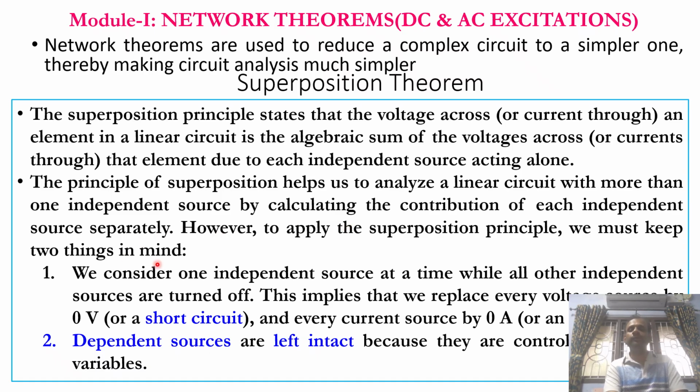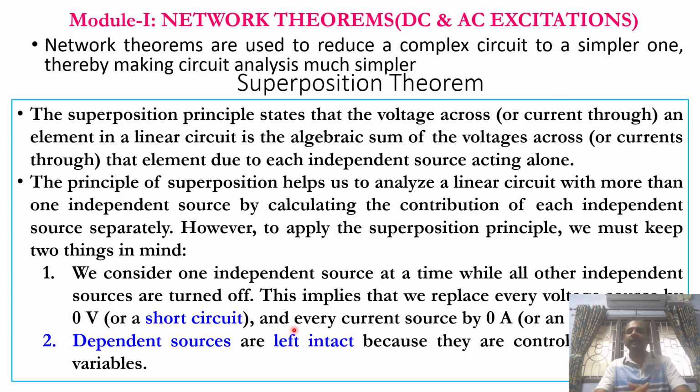Two things have to be kept in mind. First, we consider one independent source at a time when all other independent sources are turned off. So, if many independent sources are there in the circuit, only one should be kept, others should be turned off. This implies that we replace every voltage source with zero or a short circuit.